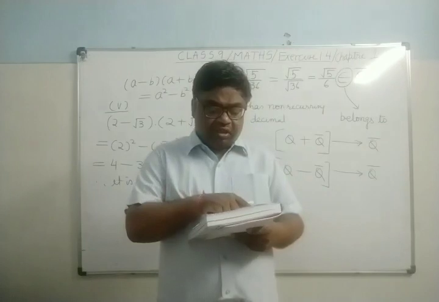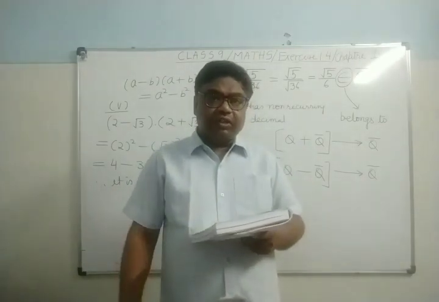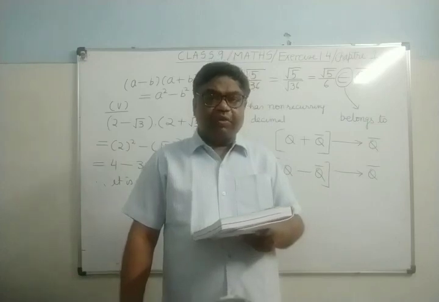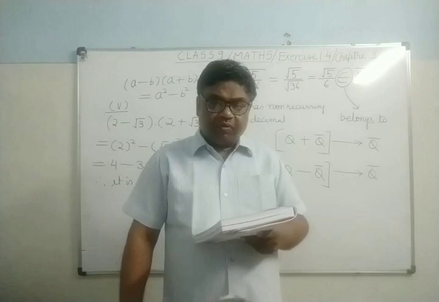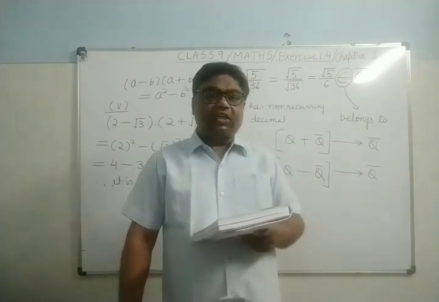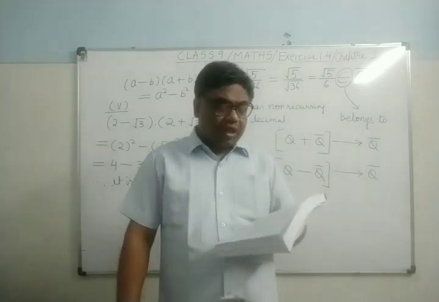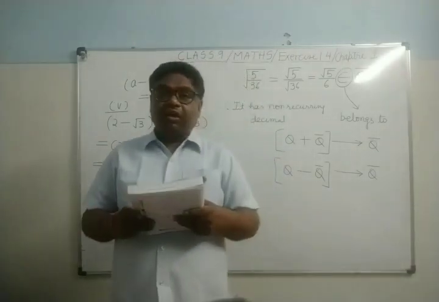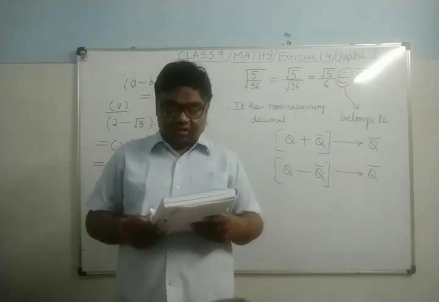There are real numbers, real means which are rational as well as irrational. Some numbers have been given. You have to arrange them in the ascending order or in the descending order. But all the numbers are having different numbers inside the radical sign.